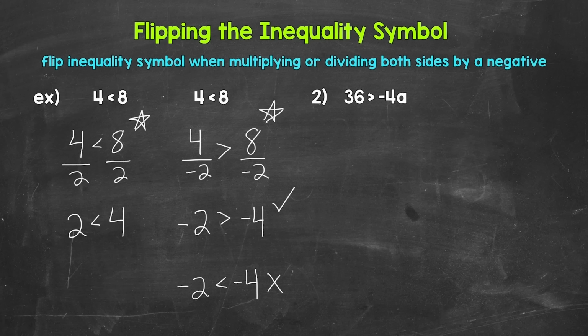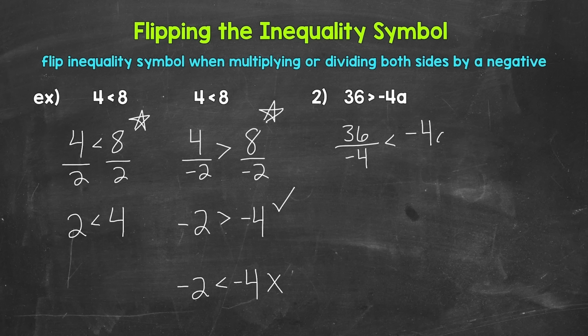Now let's apply this to number 2, the number 2 that we already solved. We have 36 is greater than negative 4a. So we need to isolate a by dividing both sides by negative 4. So let's rewrite this. And we have 36 divided by negative 4, and then since we are dividing both sides by a negative, the inequality symbol flips.